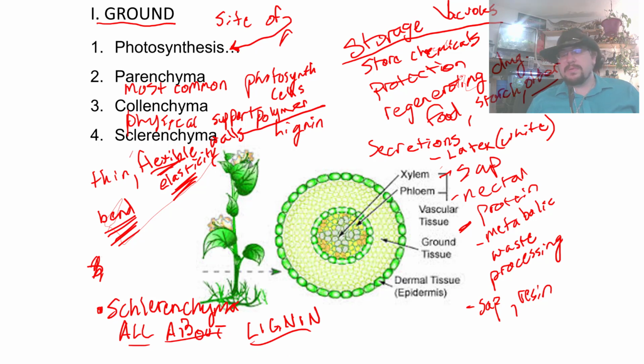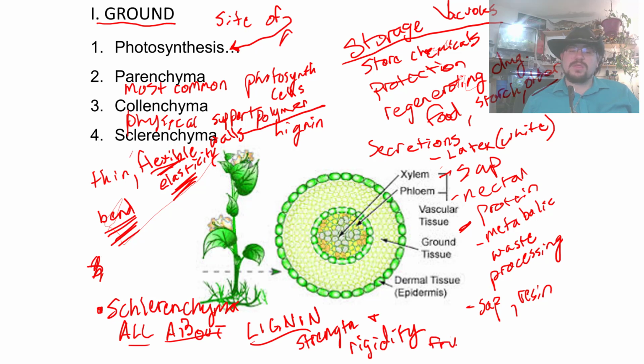It's that much more important. So, lignin gives strength and rigidity. Right? So it will strengthen fruits and it will strengthen stems.